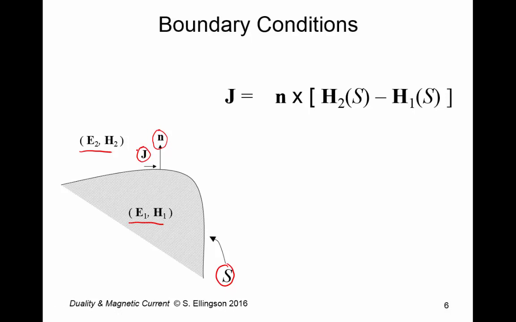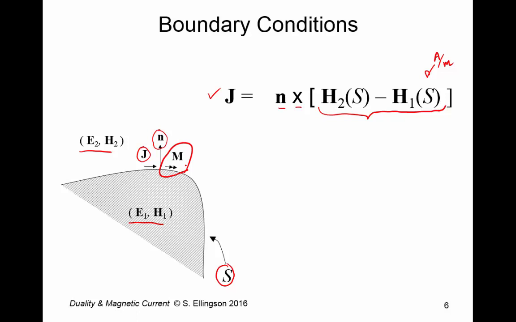Now note this is a surface current density, so this whole thing has units of amps per meter because this is a surface current. And the boundary condition that you're hopefully already familiar with is that that surface current should be equal to the normal cross the difference in magnetic field intensity on the surface.